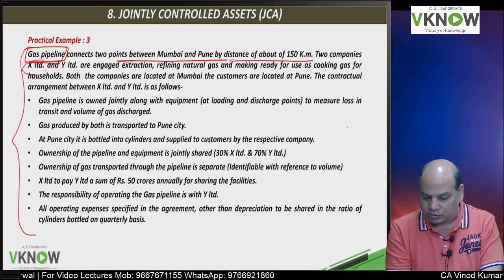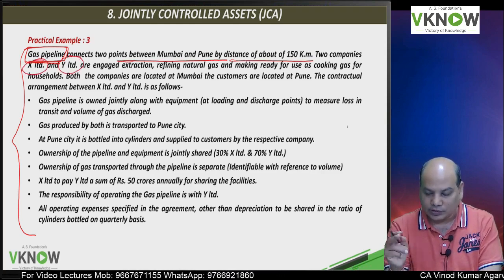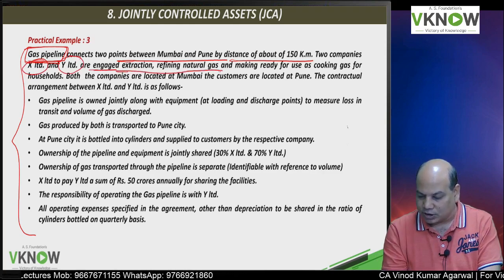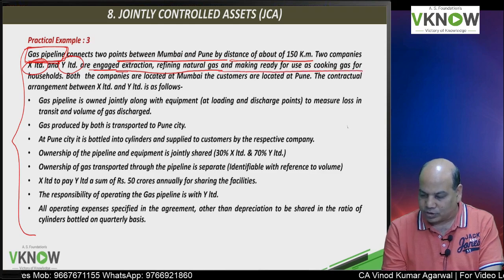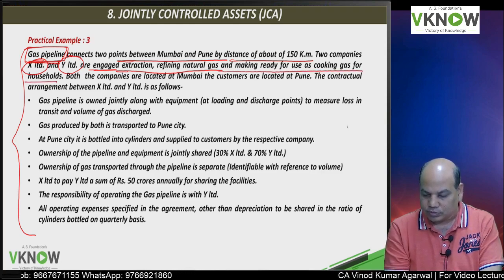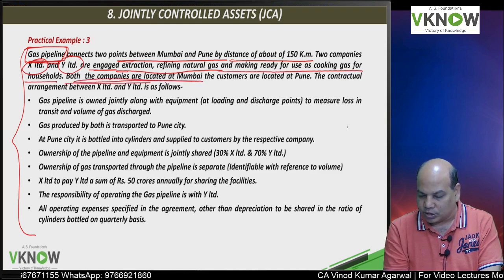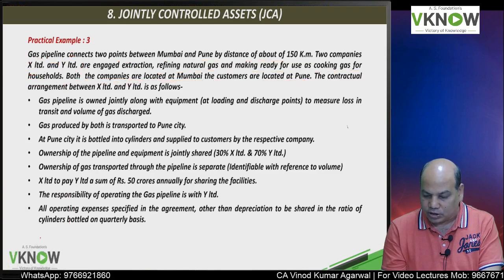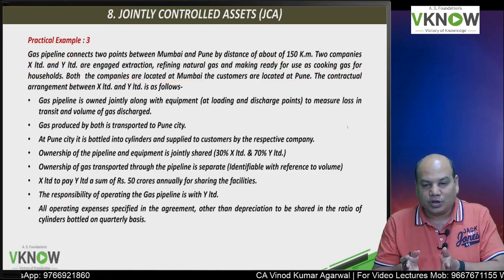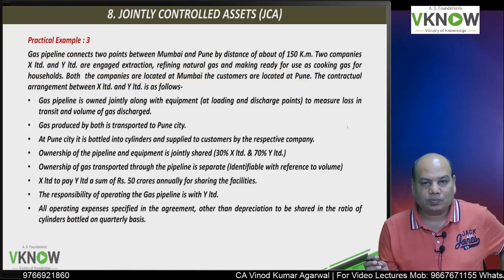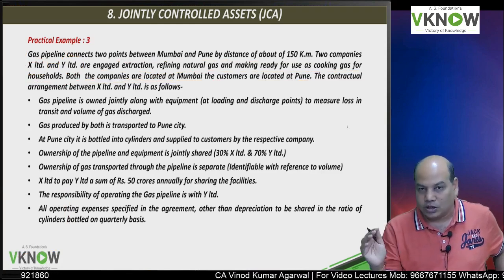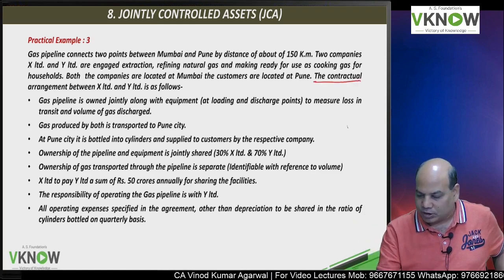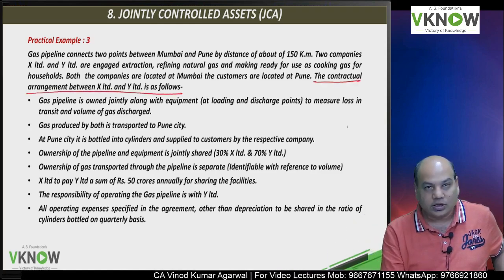The two companies, the two venturers X and Y, are engaged in extraction and refining of natural gas and making it ready for use as cooking gas for households. Both companies are located in Mumbai, but the customers are located in Pune. If they construct pipelines independently, each will have to construct its own pipeline, which is very expensive. So they decided to have a jointly owned pipeline, and they agreed to the following terms and conditions.